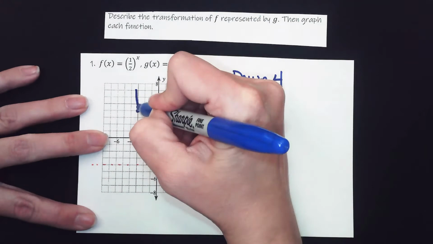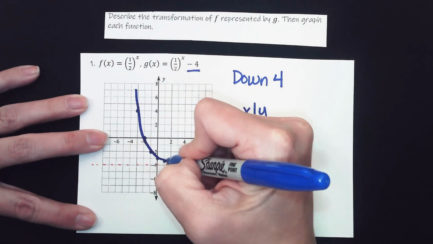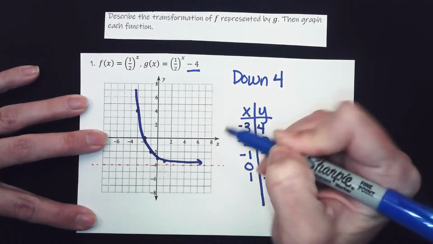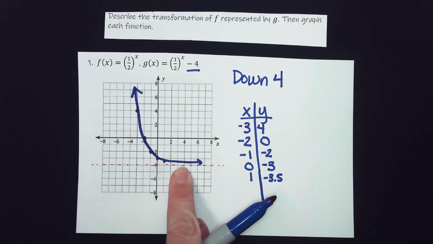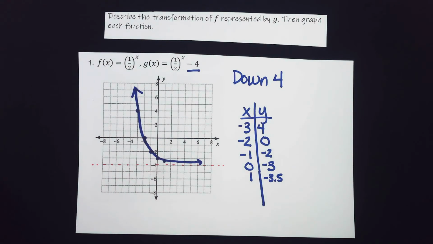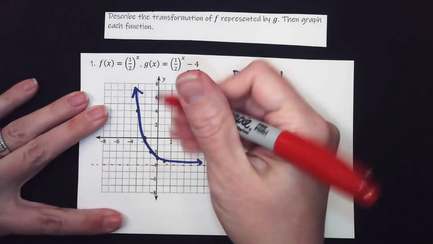We can see our curve is going like this. And remember, it approaches that asymptote but never crosses it. So that's my new graph. If it wants me to graph the original, these points would be the same, they would just be up here.